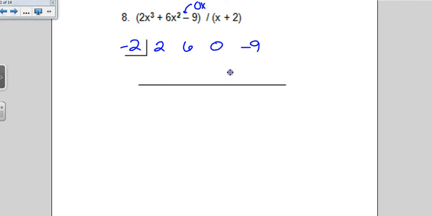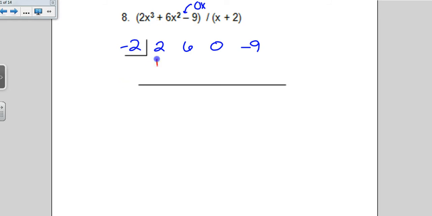I want to caution you, if this shows up on your homework, even if there's no constant, you still have to put a 0 for your constant as a placeholder. It's got to go all the way down to the constant term. Another way to think of it is whatever the degree is, you're going to have one more number than that in your coefficients. So if it was a degree of 4, something with a 4th power, you're going to end up with 5 coefficients in the lineup.